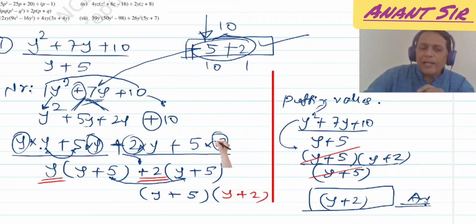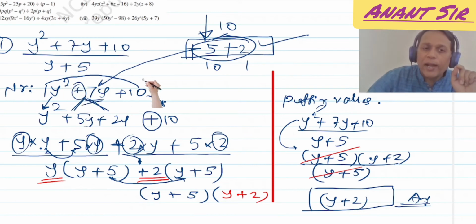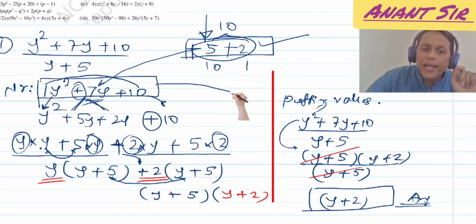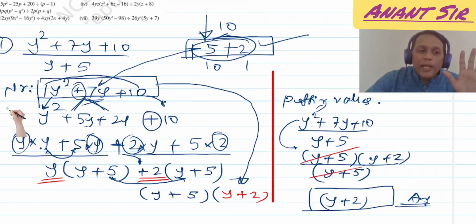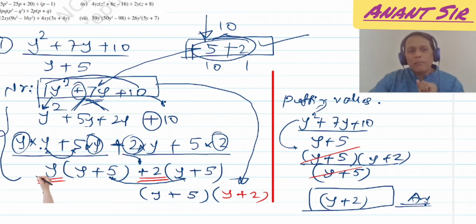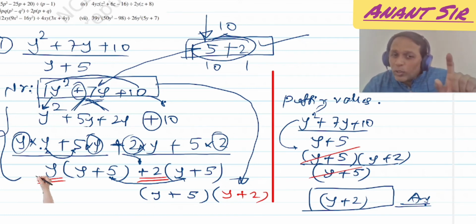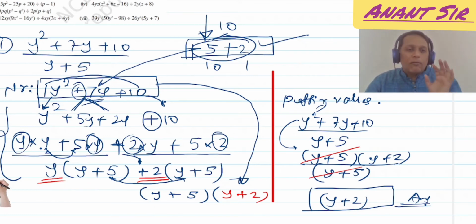I am going to tell you how we can factorize this y square plus 7y plus 10 directly to y plus 5, y plus 2 without doing any of these steps, okay? But I am not going to tell you just now, because I want you to understand the steps. I want you to know how to factorize.